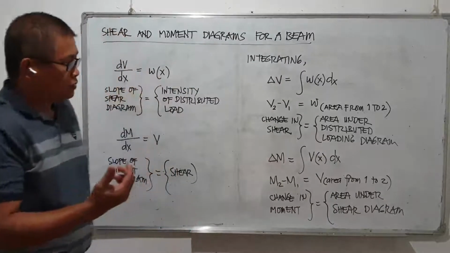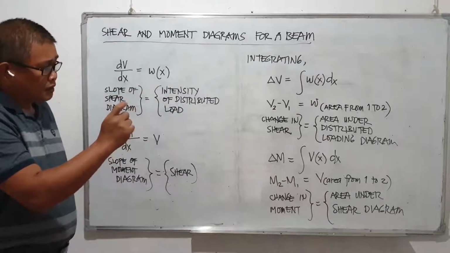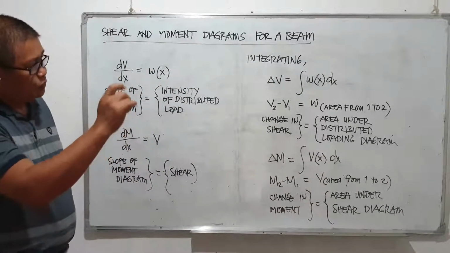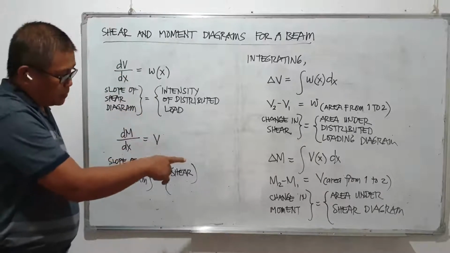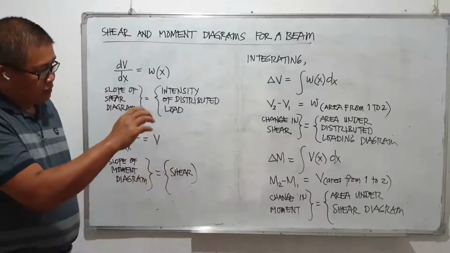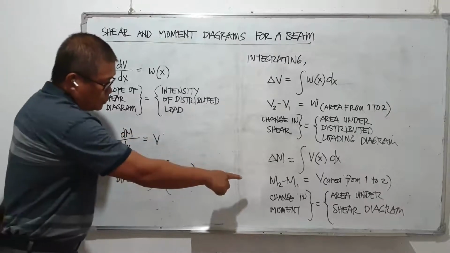So it's just considering the variation of the loading between two points, in this case 1 and 2, and the corresponding shear area will determine also our moments.